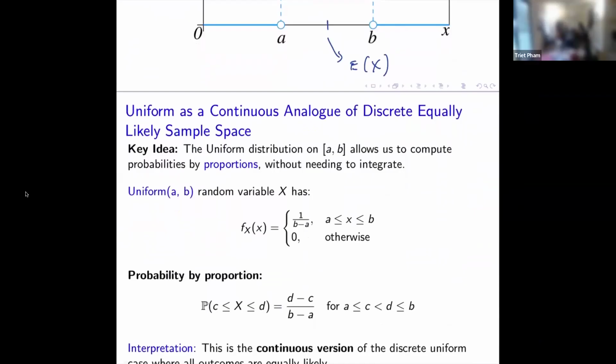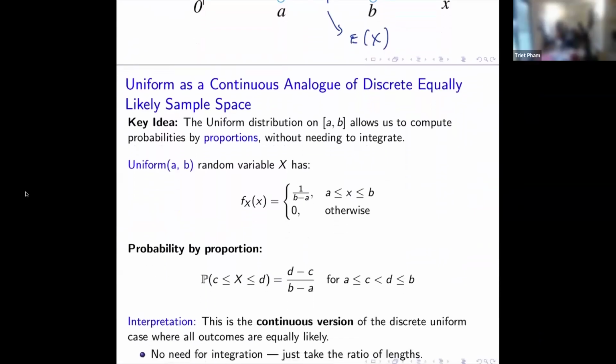One thing to remember about the uniform is that it is the continuous analog of the equally likely sample space that we talked about.